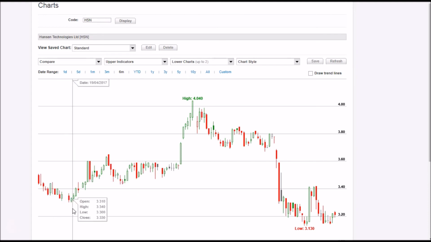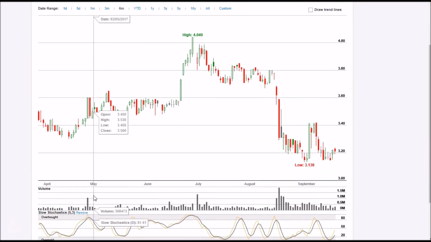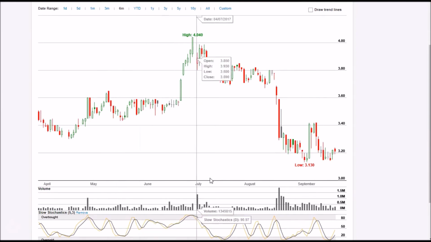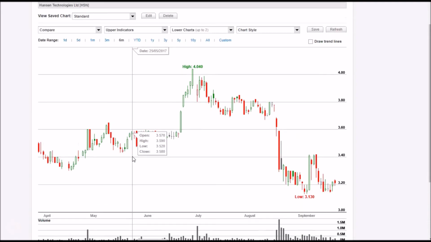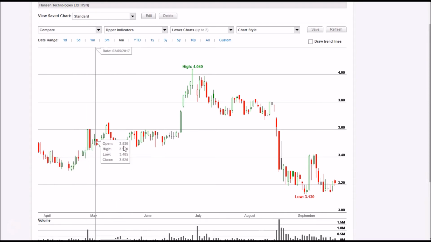I'm not really interested in looking at too much, except I will look at the volume, and I will have a look at the stochastic, just to see if I can pick up the momentum, the current momentum of the stock. Now this is HSN again, and this is the last 6 months. You'll just see what the stock has been doing.